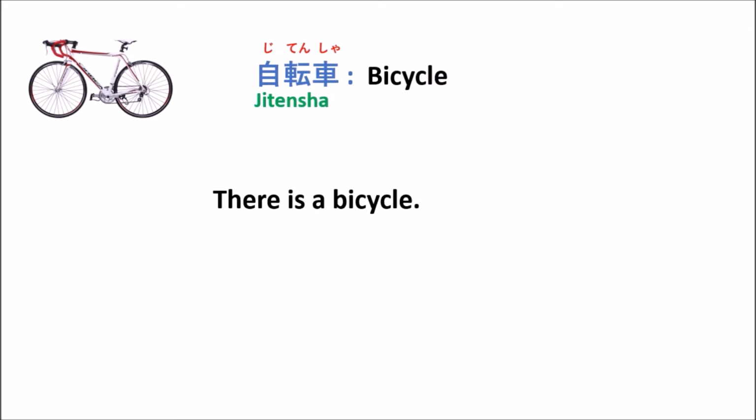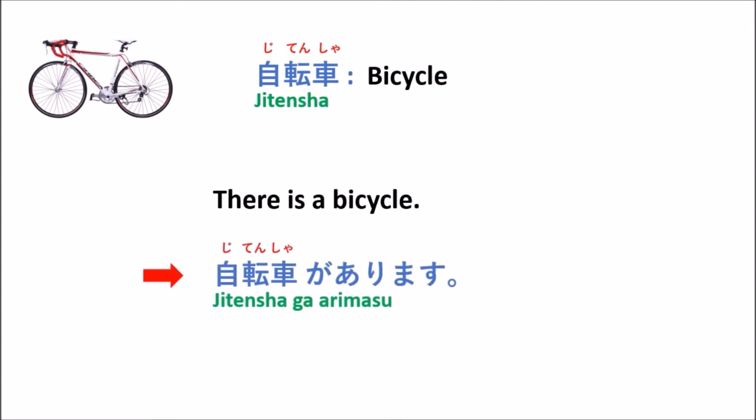If you want to create a sentence like, there is a bicycle, you can say in Japanese, 自転車があります.